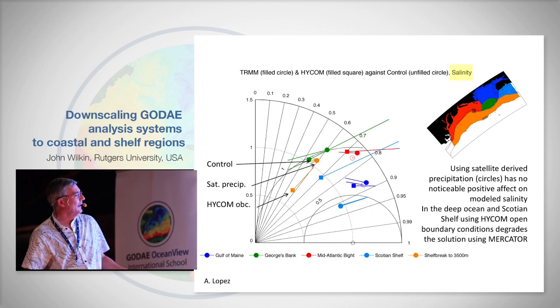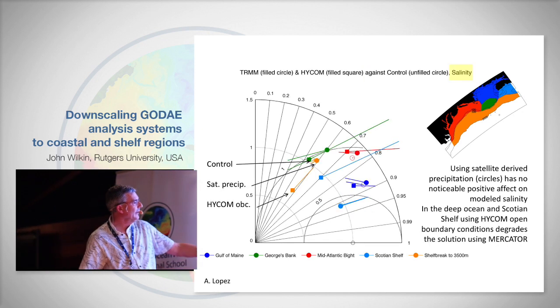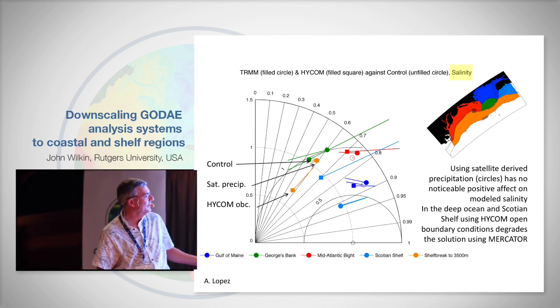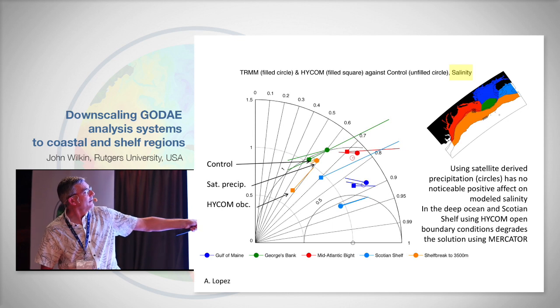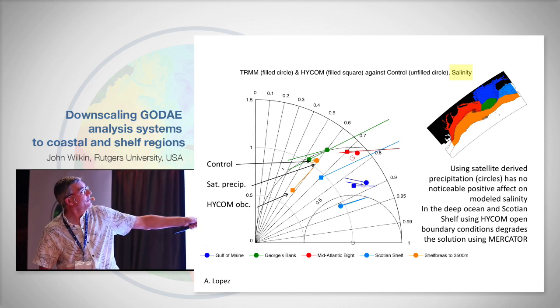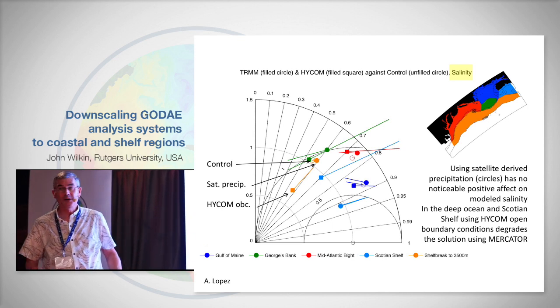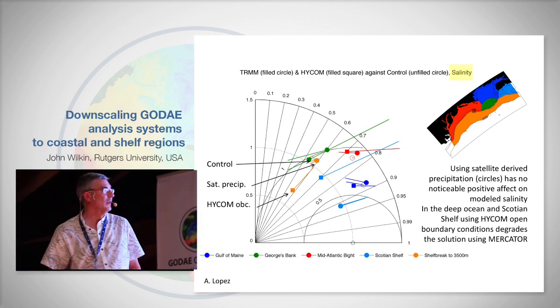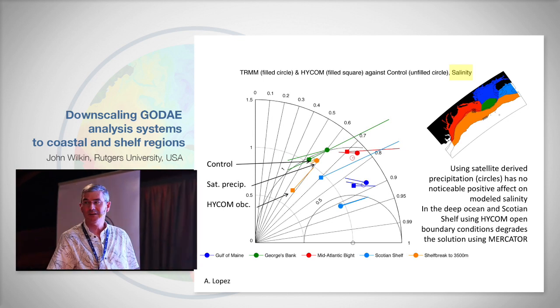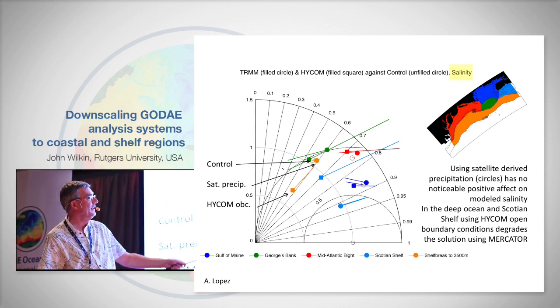Some other things. I'm just pointing here in the case of the orange values. The control case is the open circle there. The filled circle is where we use a satellite-based precipitation instead of the weather forecast model. It didn't really significantly improve anything, hardly even change anything anywhere.